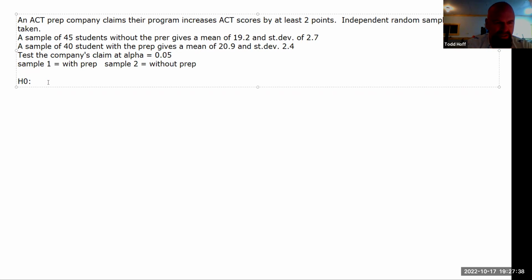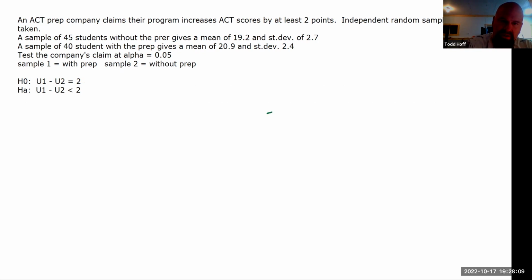So H0, the null hypothesis, is that the first mean minus the second mean is greater than or equal to 2. We're just going to say equals 2. So those with the prep minus those without the prep, 2 points higher. So the alternative then is that mu1 minus mu2 is less than 2. It's not at least 2 points higher.